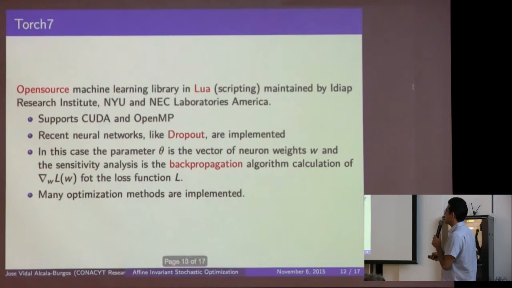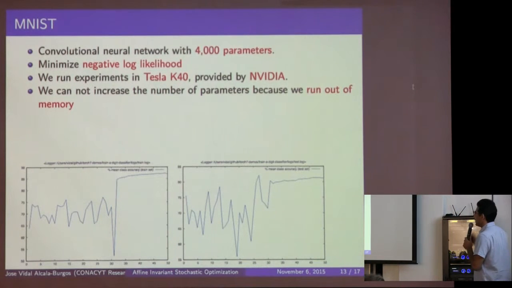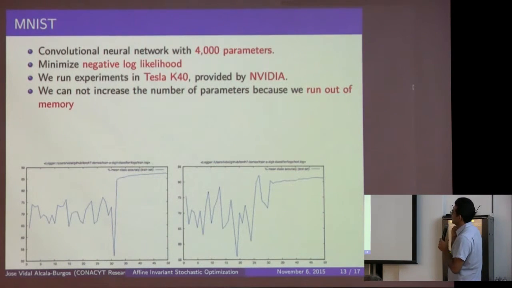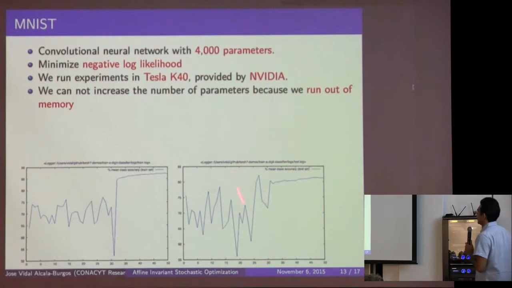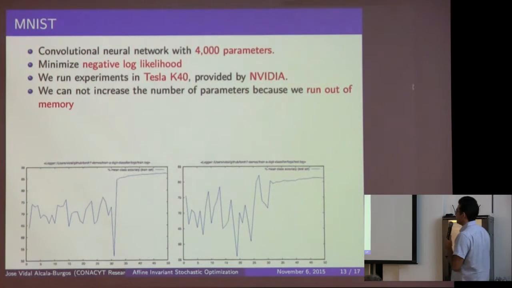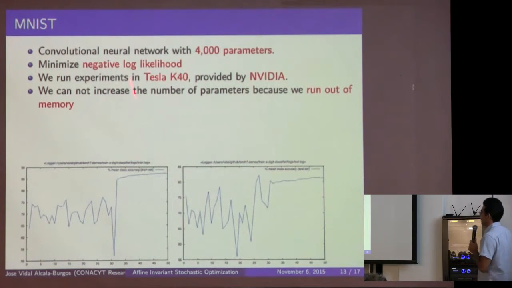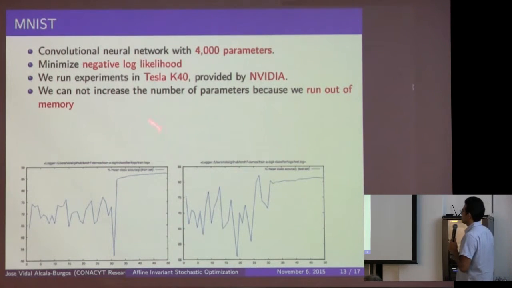Okay, so what happens here? Well, here I took a very simple example, which is a convolutional neural network. The number of parameters is 4,000, so that's quite big to be used in a square matrix. We minimized the usual negative log likelihood, and I was lucky enough to get a Tesla K40 from NVIDIA for free.